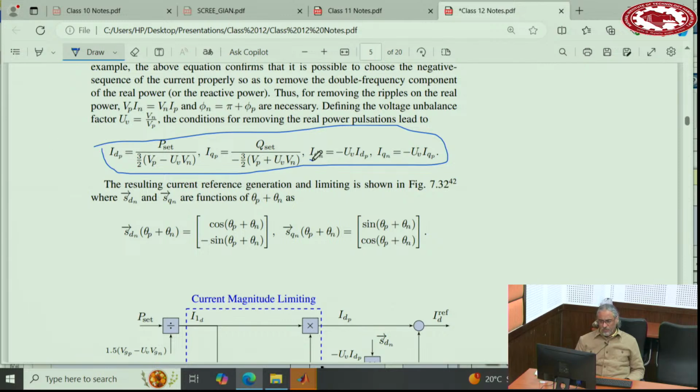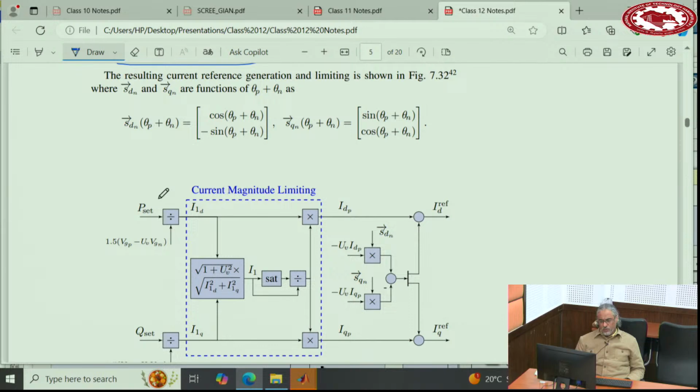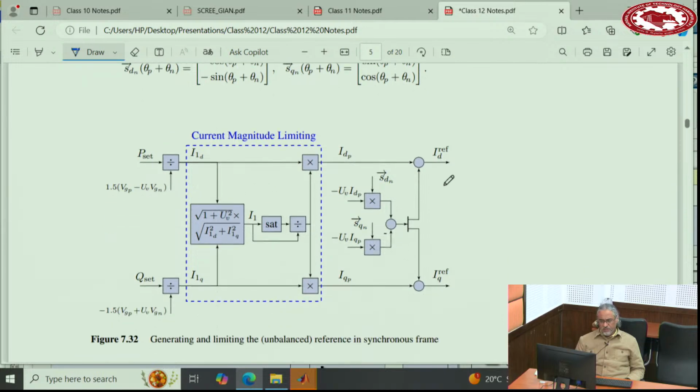So if you supply this amount of negative sequence with this direction, then you can remove the pulsation of real power. So this is the structure that generates reference current for the D and Q domain in the unbalanced situation based on these equations.